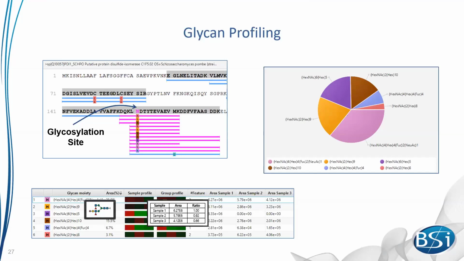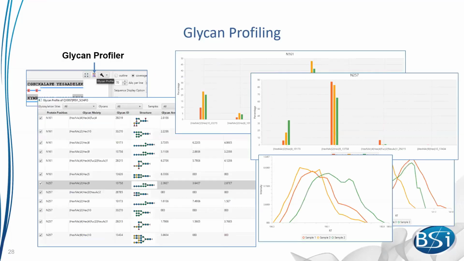If we are interested in profiling all of the glycan sites together, there is another tool, the glycan profiler tool, which is available at the toolbar of the coverage pane. We just simply click that, and the glycan profiler will display its results in a dialog.